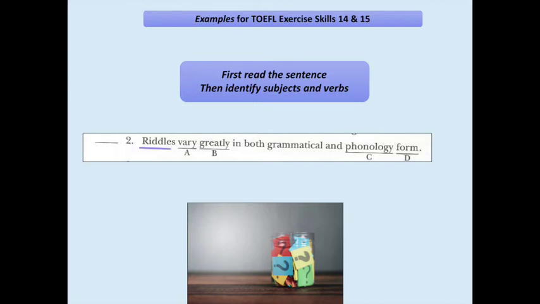Okay, we have a subject, riddles, and a verb, vary, and then we have a paired conjunction, both and. So we know we need parallel structure after these 2 parts. Grammatical is an adjective, but phonology is a noun.